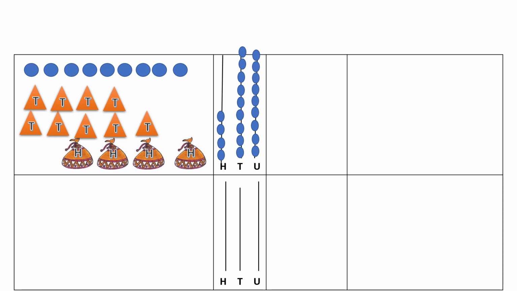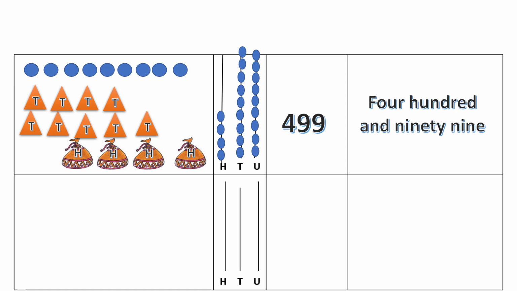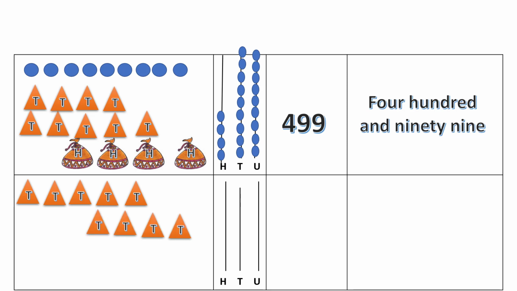In the hundreds place 4, tens place 9 and units place 9. So the number makes 499. We read and write it as 499.